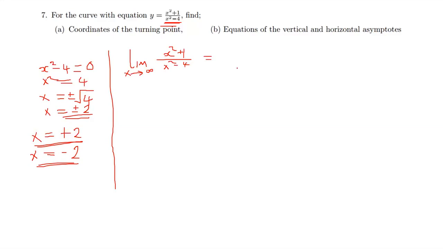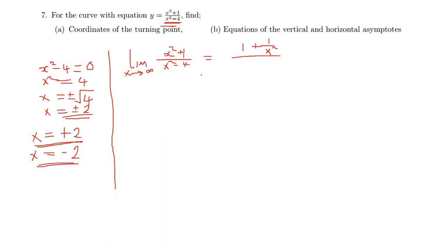If you remember well, you divide by the x variable with the highest power, which here is x squared. So x squared divided by x squared gives 1, and 1 divided by x squared gives 1 over x squared. In short, you divide everything by the variable x with the highest power.